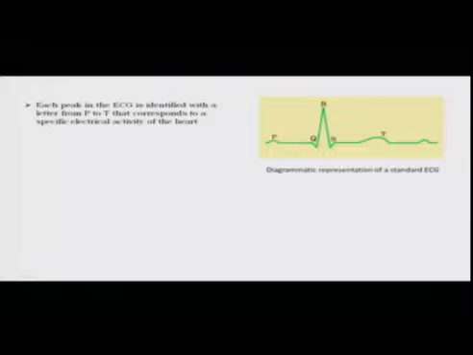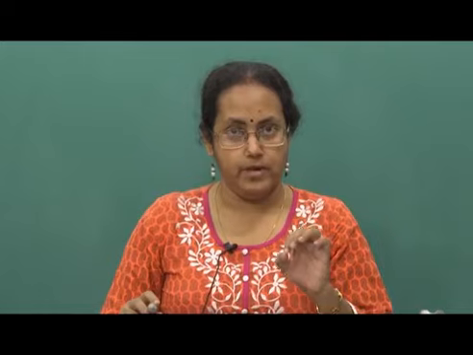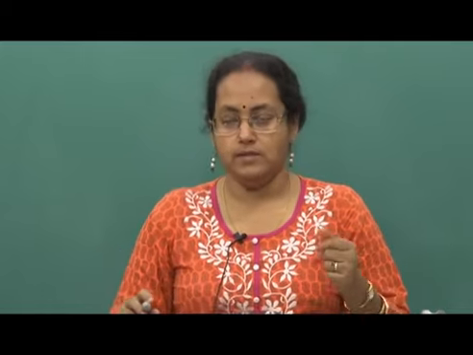Now, what are the different parts of this graph? There are many peaks in this graph, and each peak in the ECG is identified with a letter of the alphabet ranging from P to T that corresponds to specific electrical activity or events happening in the heart, which I will explain subsequently.